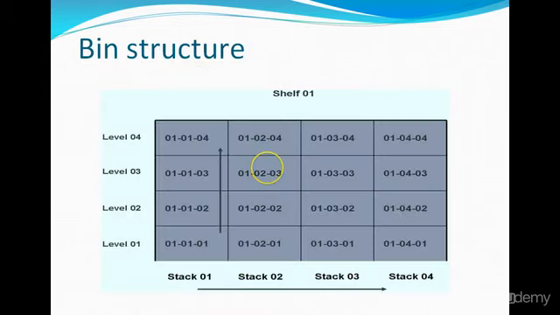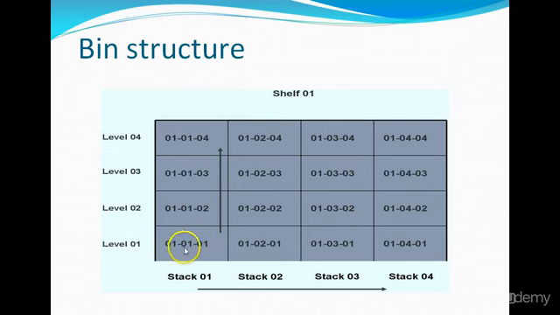So let us see how this is represented. We have seen in a shelf we have these levels, level 1, level 2, level 3, level 4, and we have these stacks. So stack 1, stack 2, stack 3, stack 4, and we can have these coordinates. So this is 01, which is shelf 1, 01 is the stack 1, and the last digit is the level.